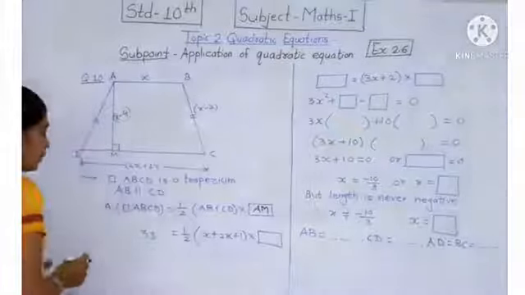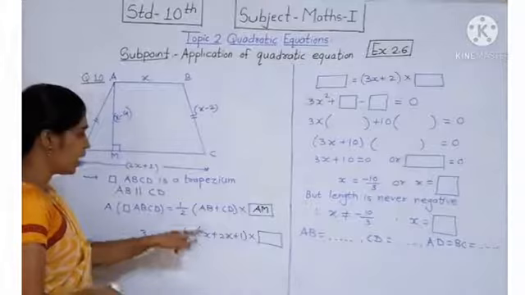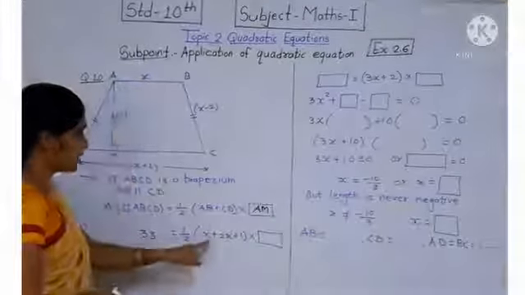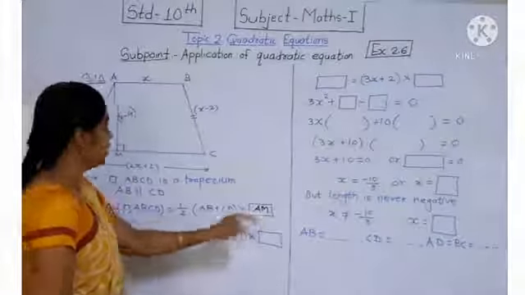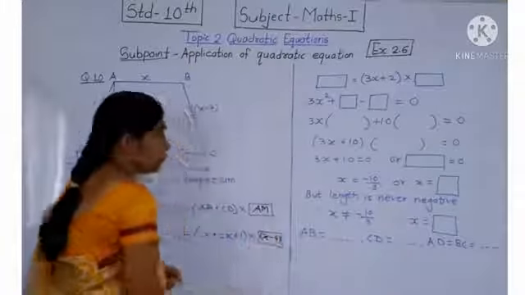Okay. So the area given in the question is 33, equal to half into AB, which is x, plus CD, which is 2x plus 1, into AM. AM is given as x minus 4.